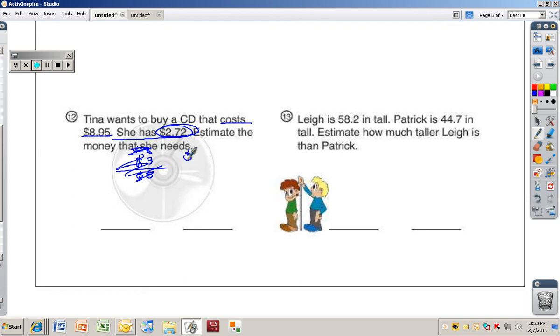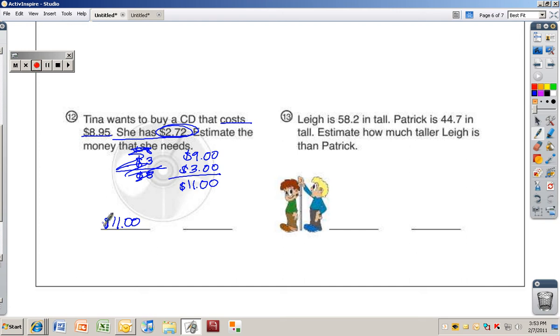So it would be $9 and $3. So this one would be $11. No. How much more does she need? Oh yeah. So it's subtraction.